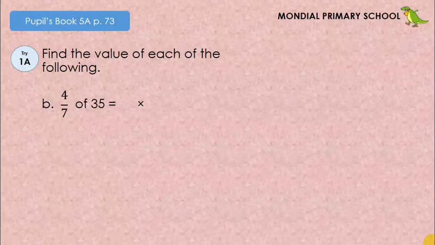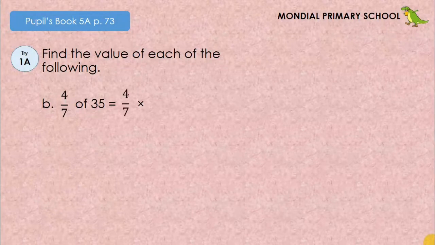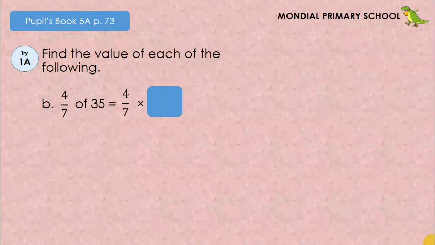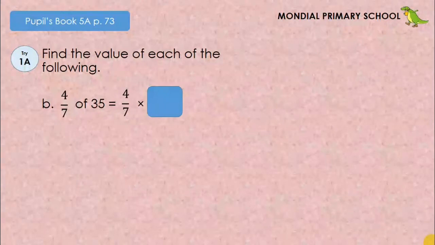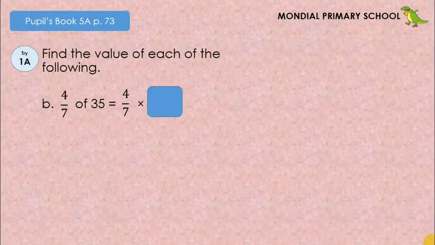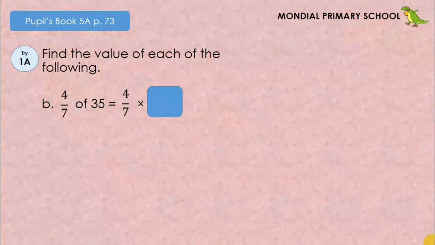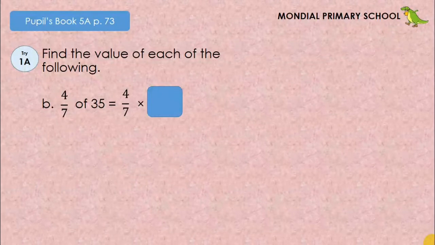How do we express 35 as a fraction? Very well. We can express 35 as 35 out of 1 because 35 is a whole number. So, 4 out of 7 of 35 is equal to 4 out of 7 times 35 out of 1.